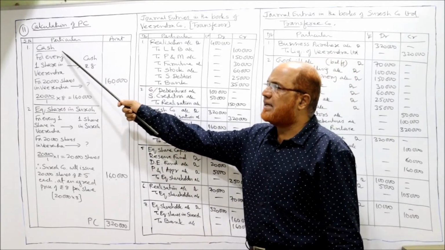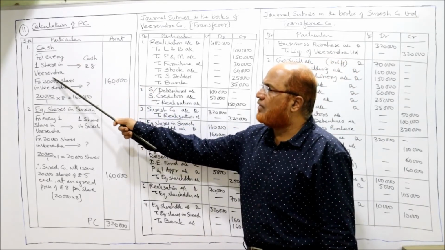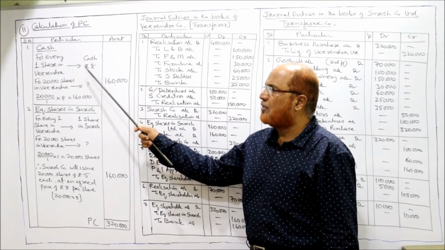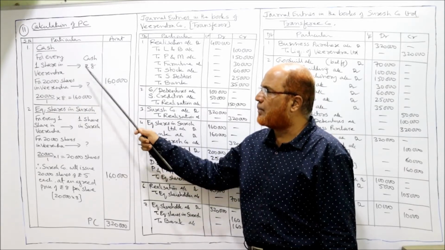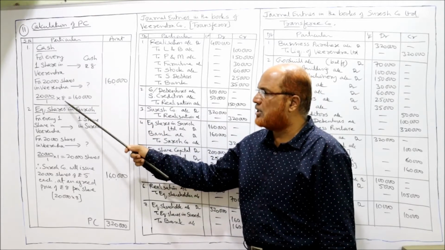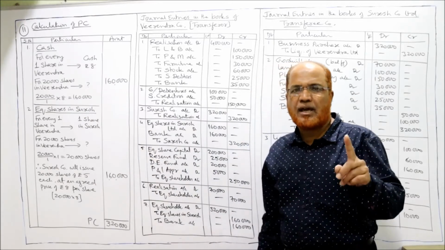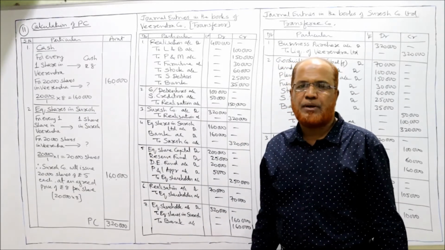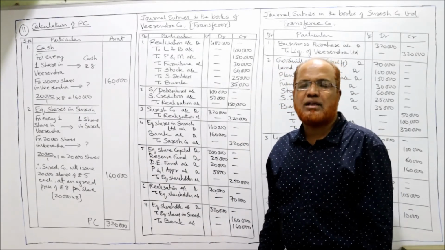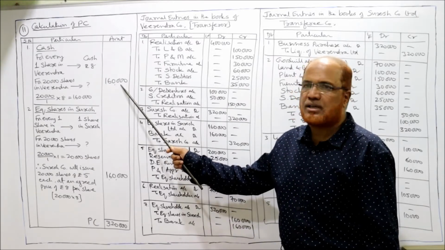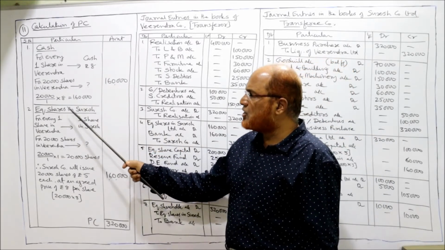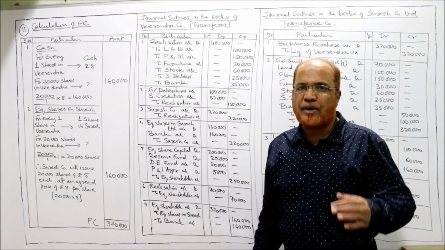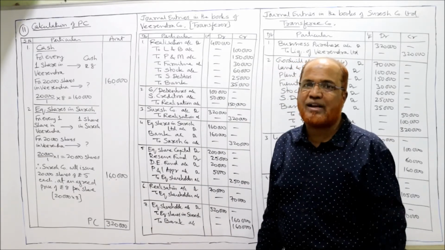So, calculation of PC. Cash: for every 1 share in Virendra Company, 8 rupees cash. For 20,000 shares in Virendra Company, how much cash? 20,000 into 8, 1,60,000. On one share 8 rupees cash, there are 20,000 shares, so 20,000 into 8 is 1,60,000 cash. Equity shares in Suresh Company: the purchasing company issues equity shares 1:1.